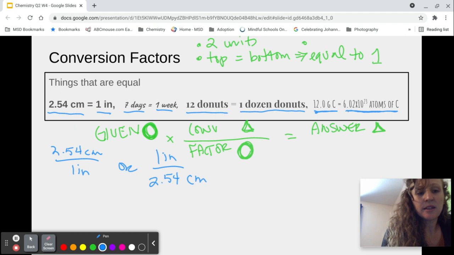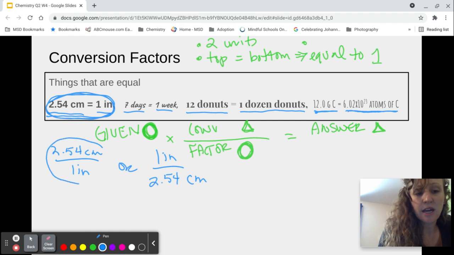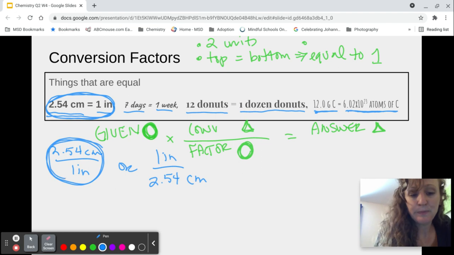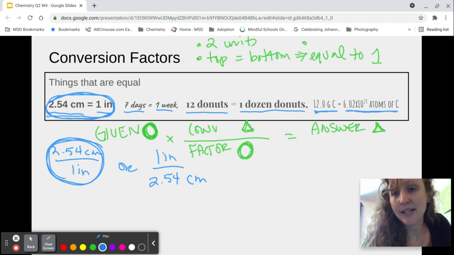And here we see another thing. Sometimes conversion factors are written as equivalent statements. Sometimes conversion factors are written as fractions. When we use them in dimensional analysis, we're going to use conversion factors as fractions.